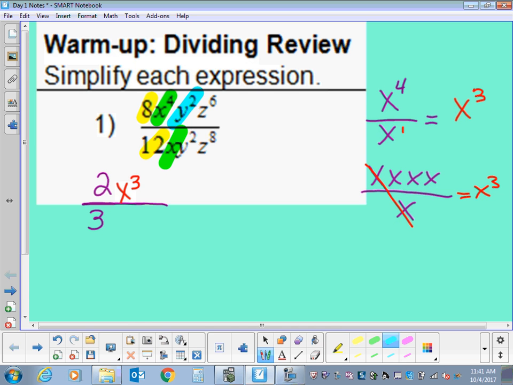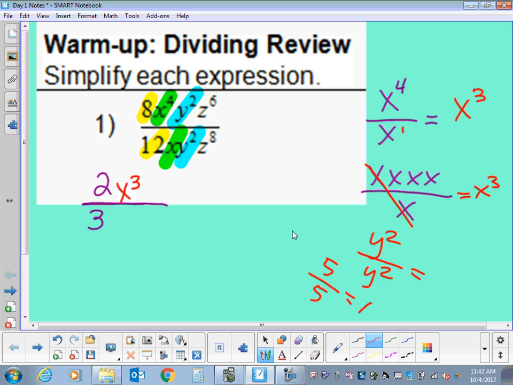Then I have y squared and y squared. What is y squared divided by y squared? Well, let's think. What's 5 divided by 5? 1. So if I have y squared divided by itself, why would it just be y? If this is 5 divided by 5, it's just 1.